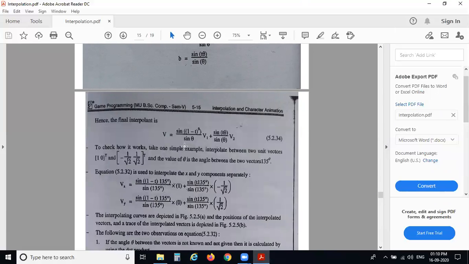By solving this formula we find the final interpolation, which is v equal to sin (1 minus t) theta divided by sin theta into v1 plus sin t theta divided by sin theta into v2.